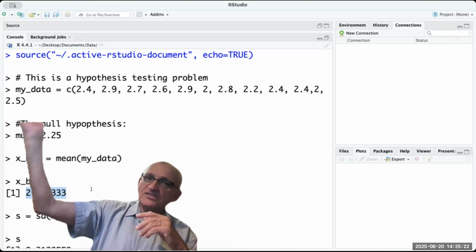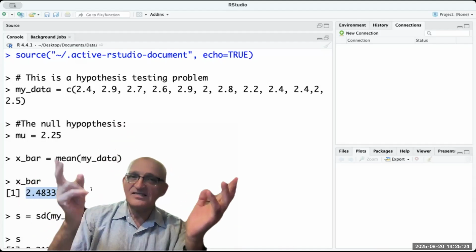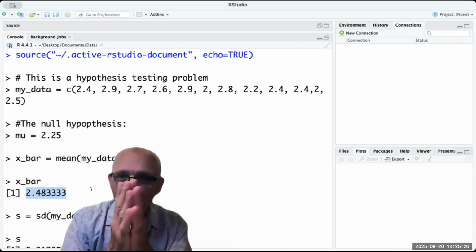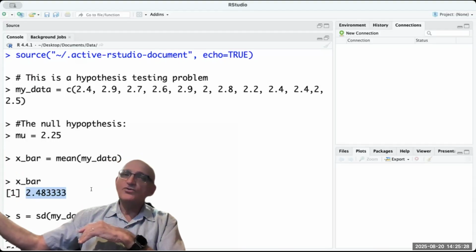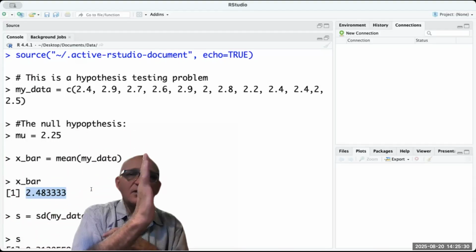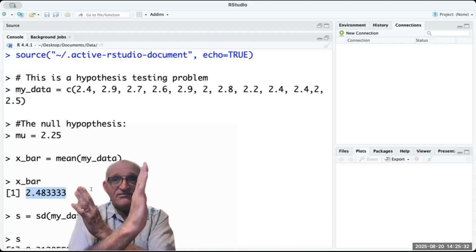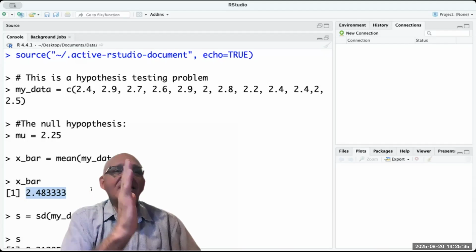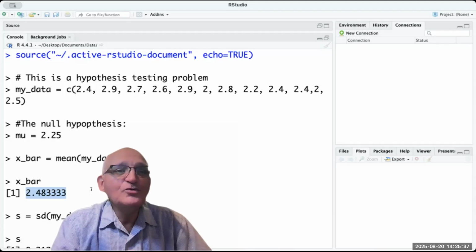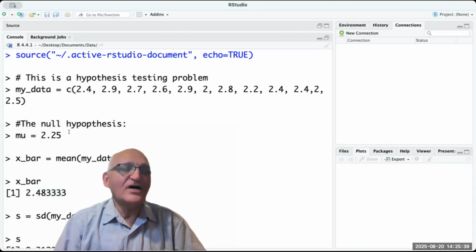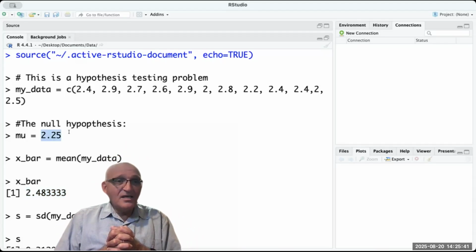So when I consider the confidence interval, they're like two faces of the same coin. I will look at the lower bound of a 95% confidence interval, and I guarantee you that the lower bound would be higher than 2.25. That's why we rejected the null hypothesis.